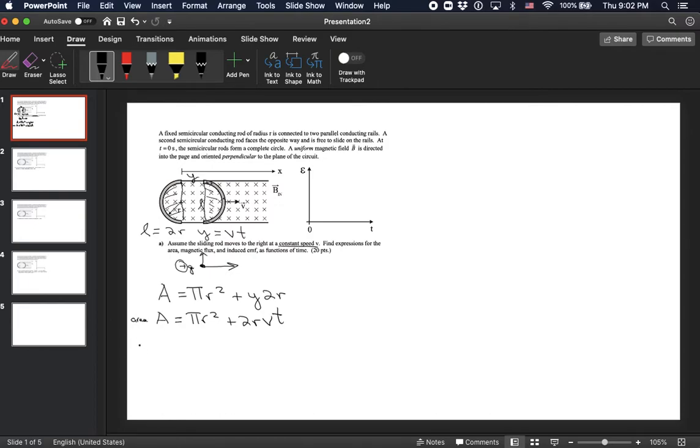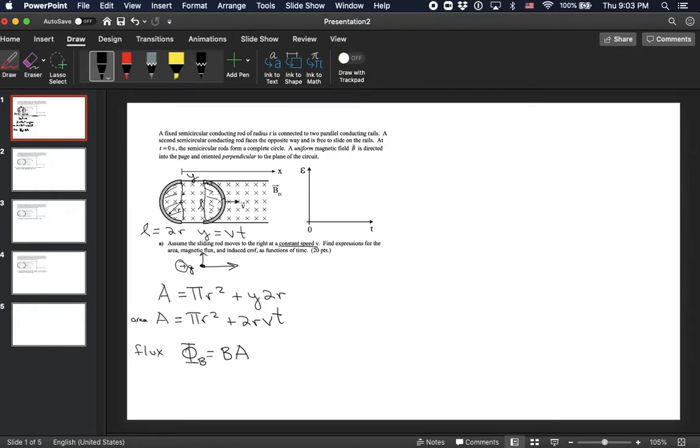And now I'm going to go to flux. So flux is given by this symbol, phi B, and the flux is just B times A. That's because this area here is in the plane of the page, and the B field is coming through it, so it's not oriented at an angle or anything. It is usually B dot A, the dot product, so it would be BA cosine theta.